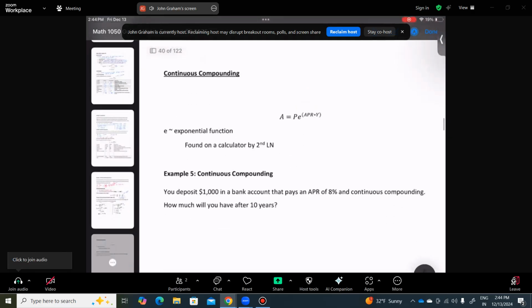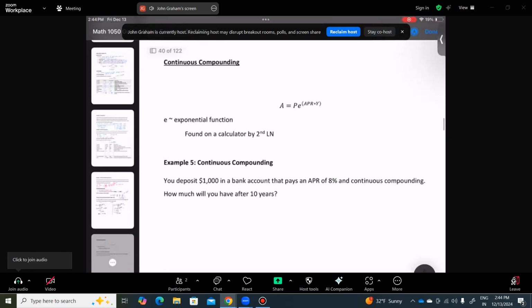Right. Continuous compounding has a different formula. This is when the interest is applied every moment to both the principal and the previous interest.